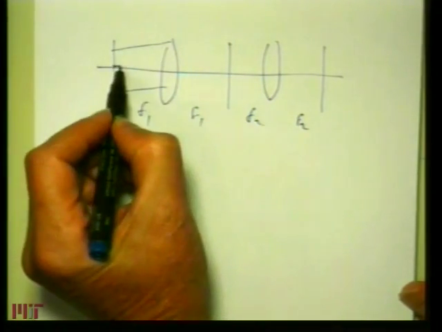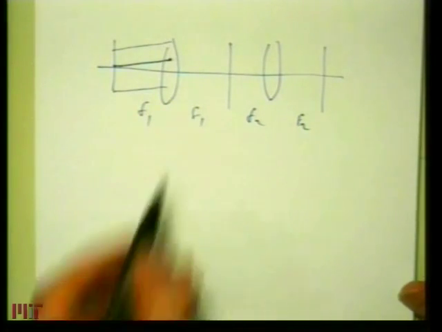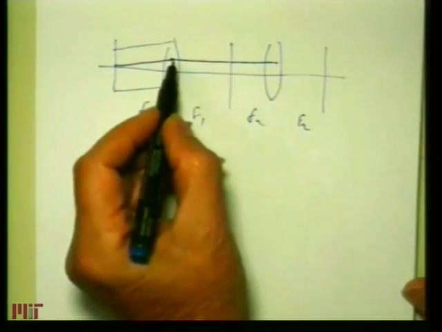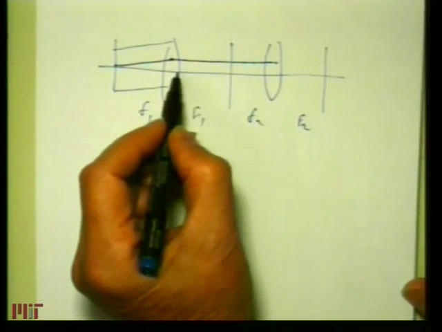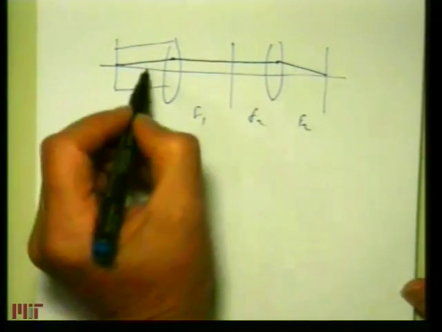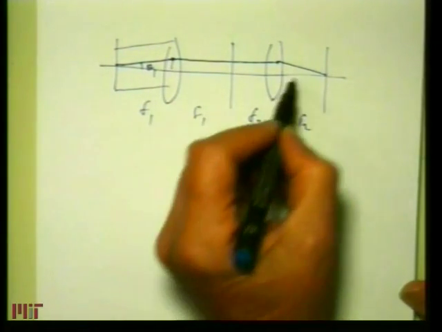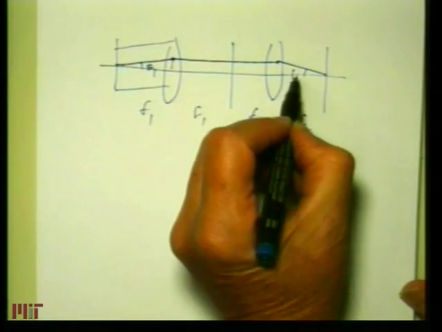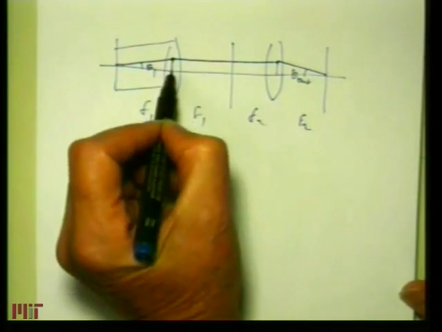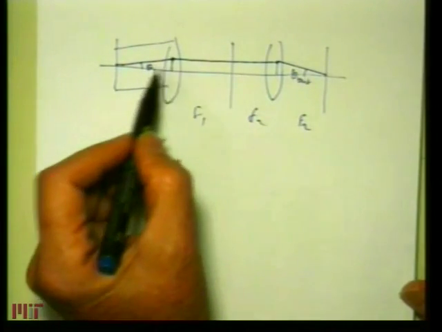So we could have drawn a ray like this, and this would of course be refracted so that it's travelling parallel to the axis, and then this would come down like that. Here, this is our θ1, so f1 θ1 is this distance. And if you think of this as being θ out, you can see that this distance is the same as this distance, and so f2 times θ out is equal to f1 times θ in.